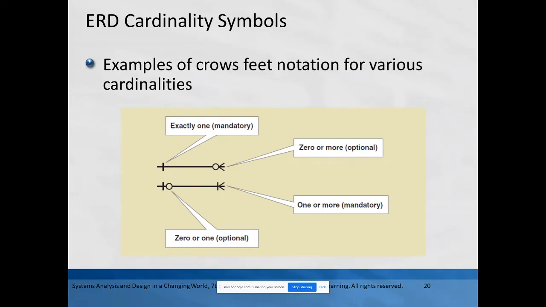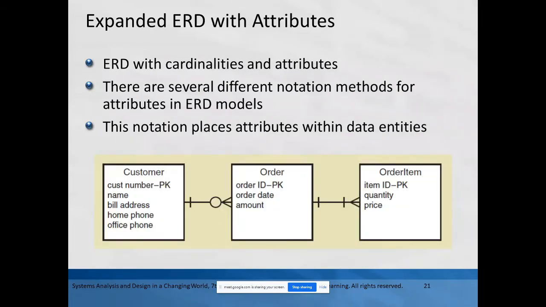And that zero side can go also on the one, if you say that it's optional. And you could also have one or more that's mandatory on the many side. This is a pretty similar example to what we saw before, where you had the customer, the order, and the order item.